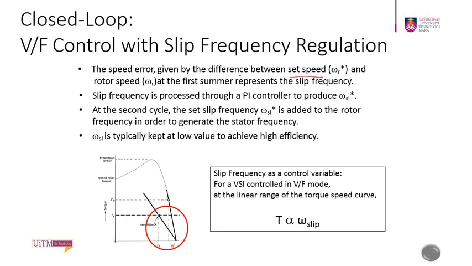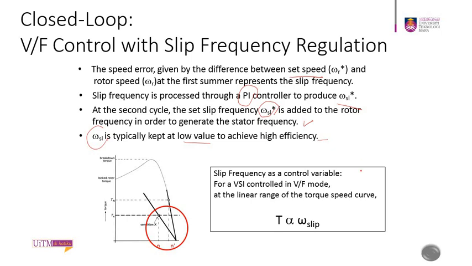At the first cycle, the error represents the slip frequency, and the slip frequency is processed through a PI controller to produce omega SL. At the second cycle, the set slip speed omega SL is added to the rotor frequency in order to generate the stator frequency. Omega SL is typically kept at a low value to achieve higher efficiency.